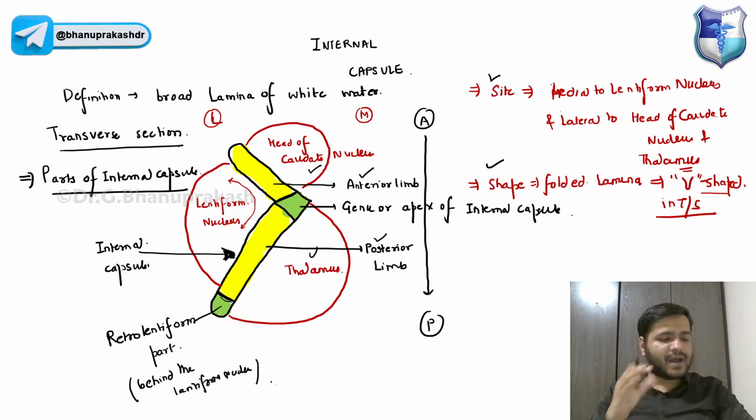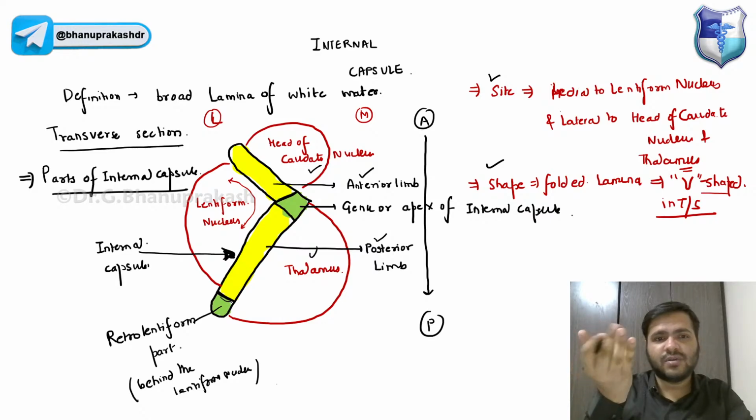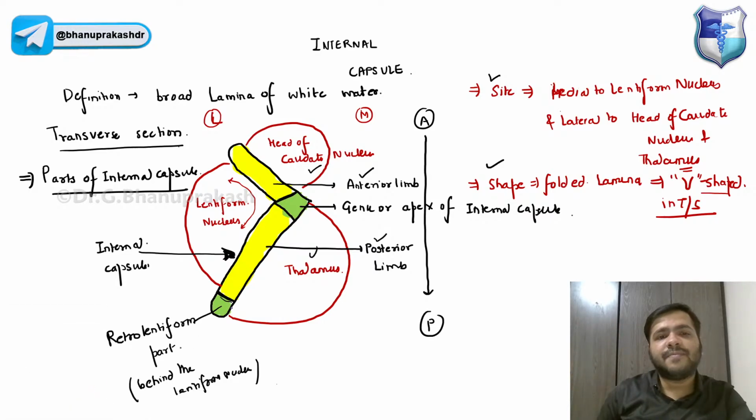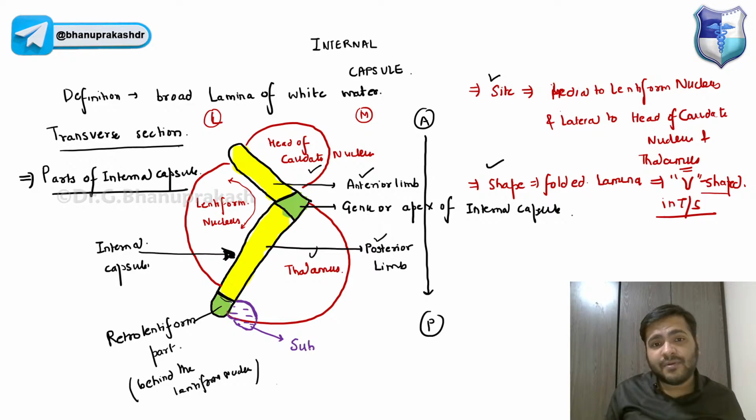Now there is one more part, guys, which we cannot see in this section, which is below the lentiform nucleus. It is also a part of the internal capsule. I'm trying to draw it dotted, guys. It is not possible to show it in this section because it is below. And anything which is down, you already know it is sub.